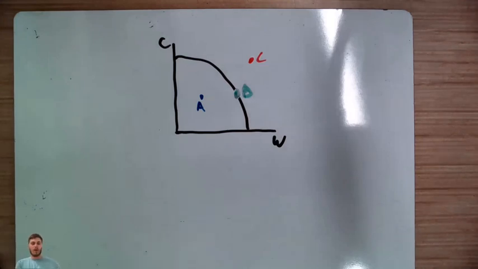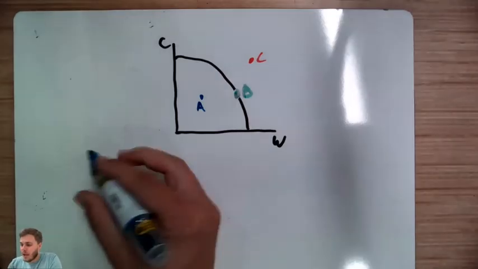Okay, so what I want us to think about here is what do these points represent? They obviously represent different combinations of computers and wheat, but they tell us a little bit more.